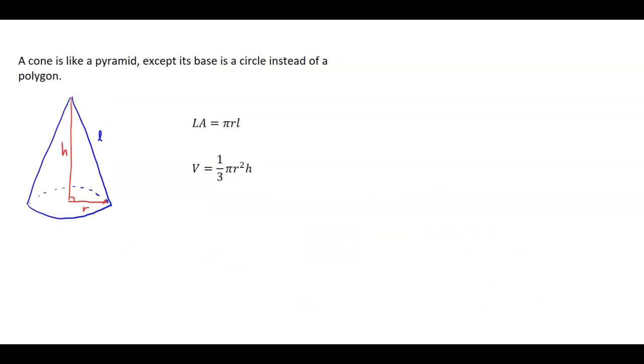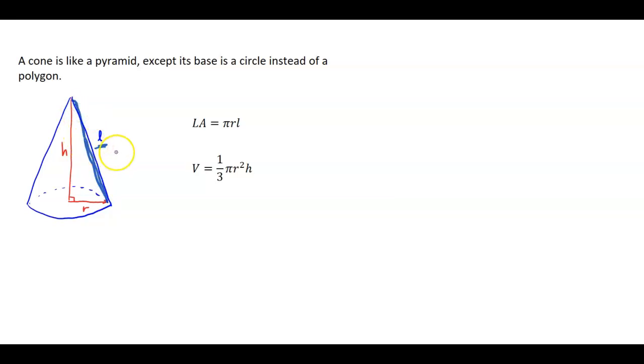Now, a cone is like a pyramid, except instead of its base being a square or a rectangle or any other polygon, its base is just a circle. Okay, now you need to know three things for a cone. You need to know what's called the slant height, which is L. That's this length right here.